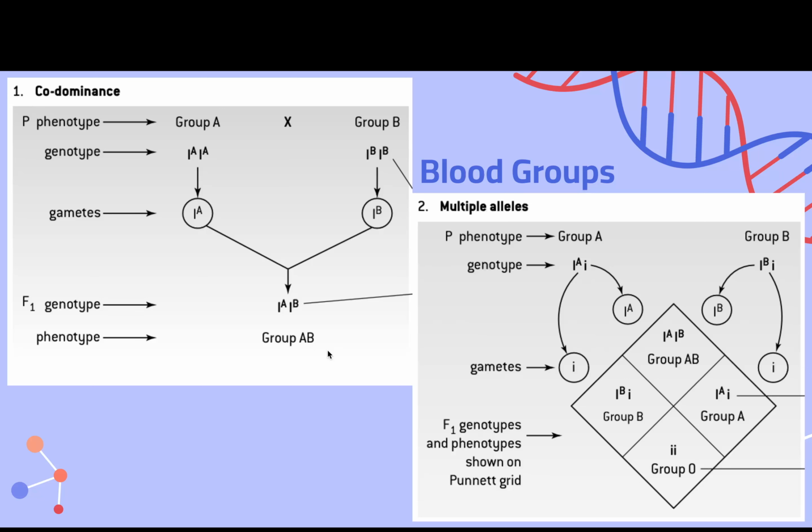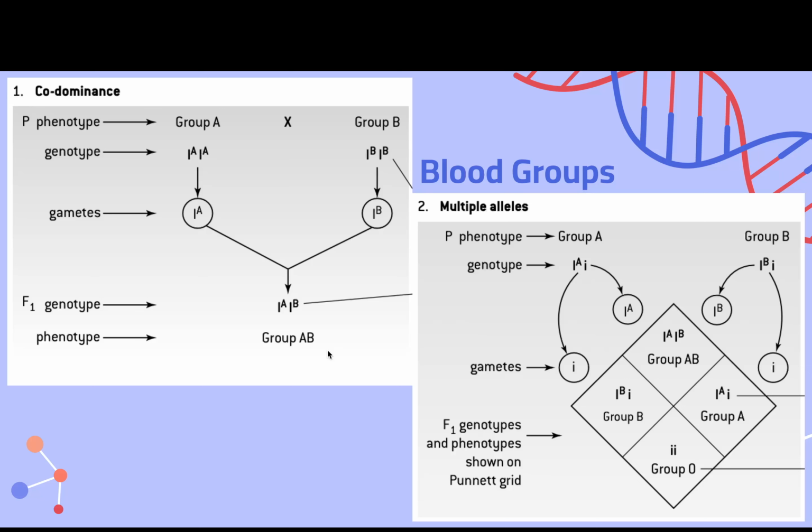The IA and IB will result in gametes that have IA and IB. They will not have gametes other than those two specifically, since it's completely homozygous dominant parents. Those two gametes will fuse and form IAIB, which is the genotype for the phenotype of group AB. That's where codominance comes in.